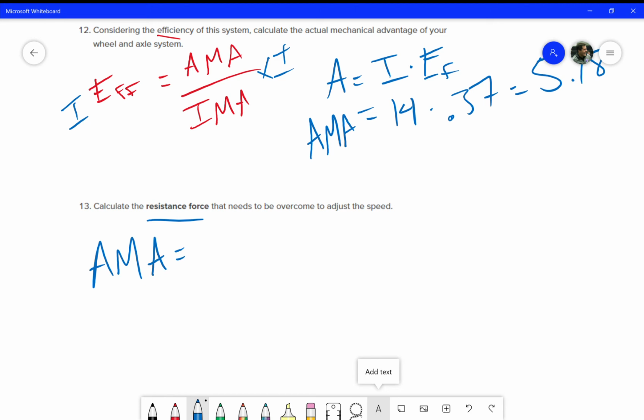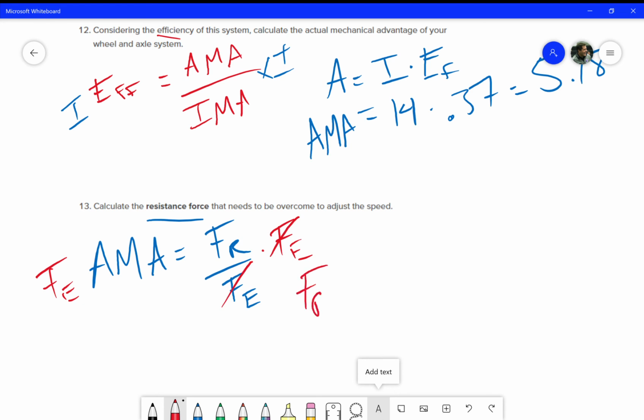AMA is going to be equal to FR over FE. All right, the resistance force is what we're looking for. So we're going to multiply both sides by the effort force. All right, yoink, yoink cancels out. So we have the resistance force will be equal to the effort force times the AMA.